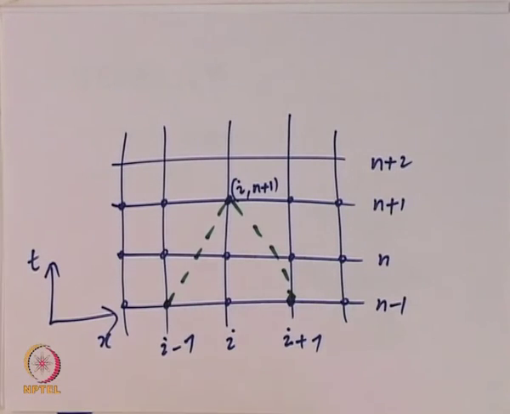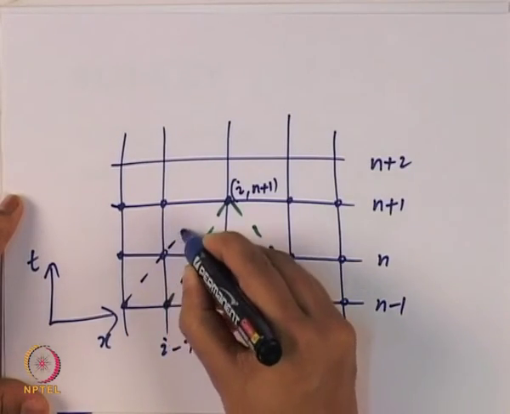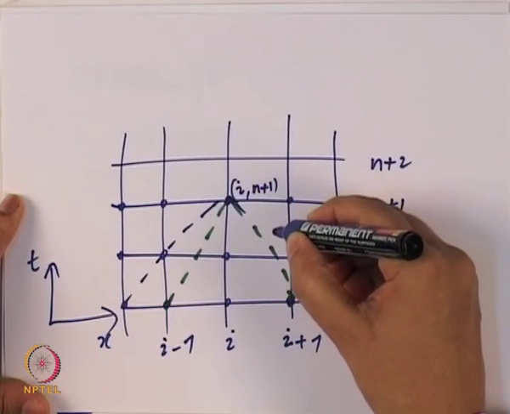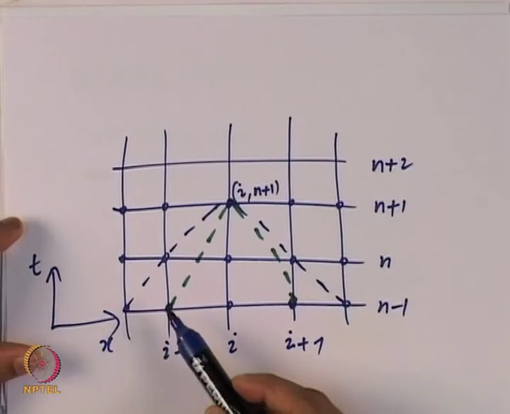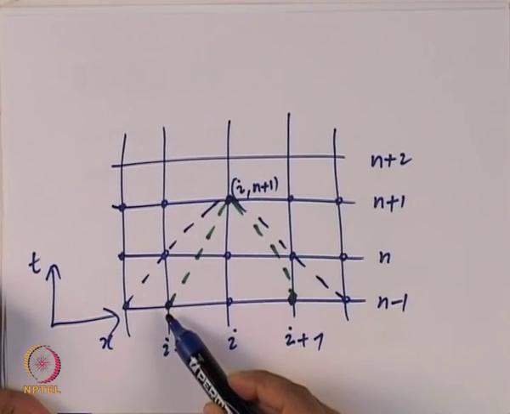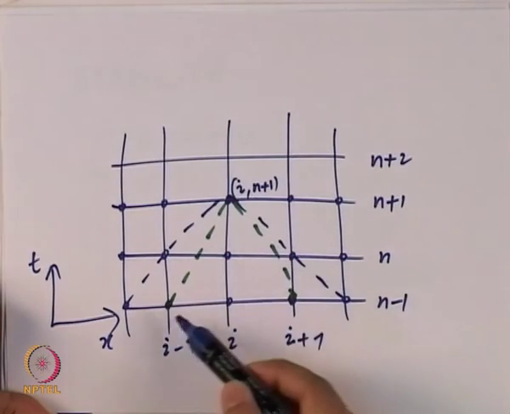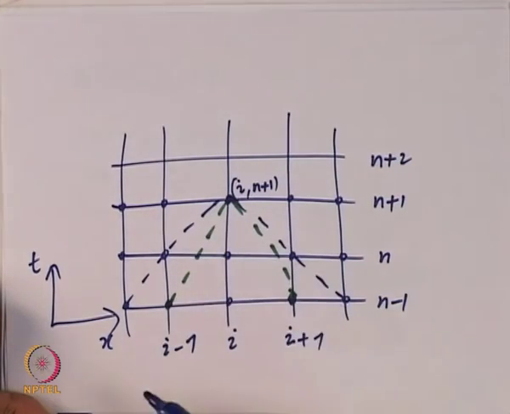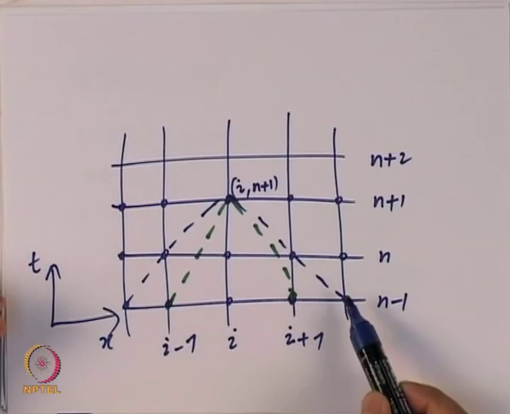arrows. So the CFL condition essentially says the physical domain should be contained within the numerical domain of influence. So the numerical domain of influence should always be larger than the physical domain of influence. In other words, for me to properly replicate the physics of this particular problem, whose physical domain of influence is going to be in this way, to rightfully capture this problem in the numerical method, my numerical domain of influence should be larger than the physical domain.